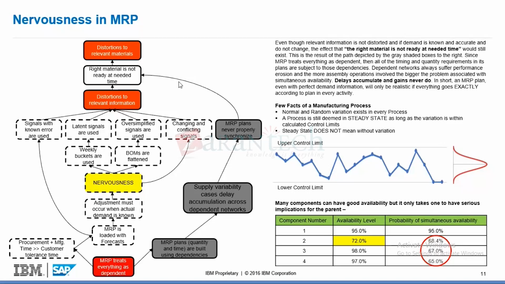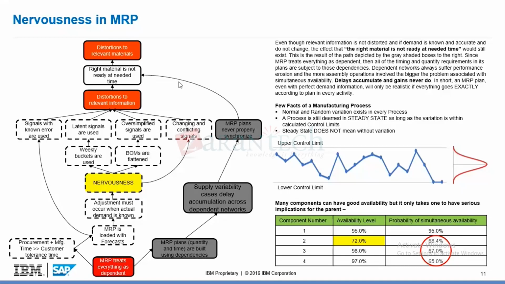Supply variability causes delay accumulation across the dependent network, and MRP plans are built using dependencies. So these gray areas lead to the right material not being available at the needed time, and this delay across levels accumulates.